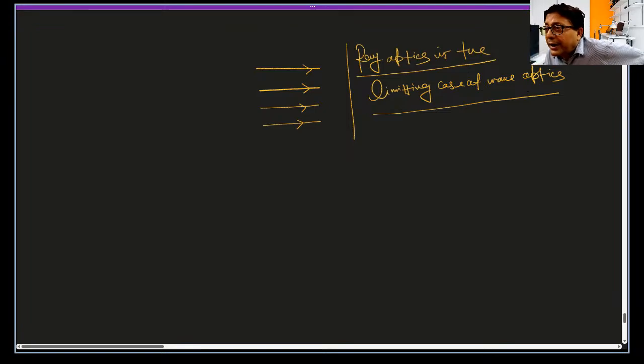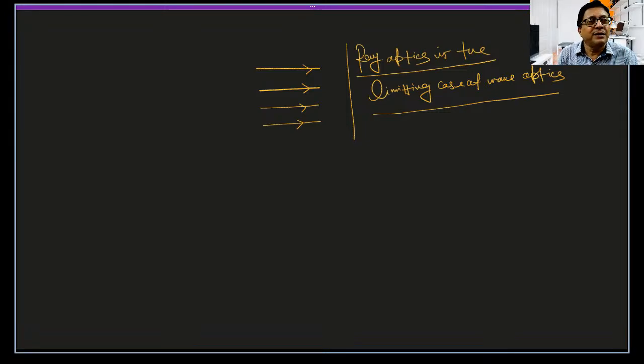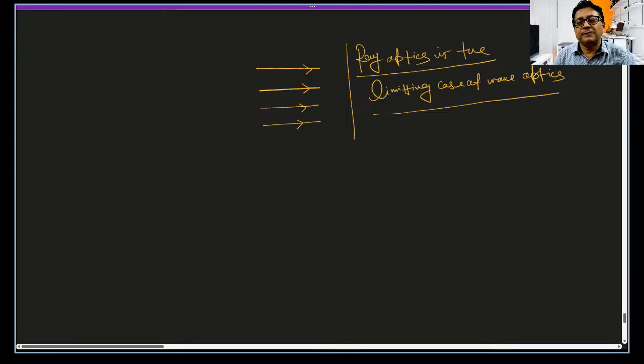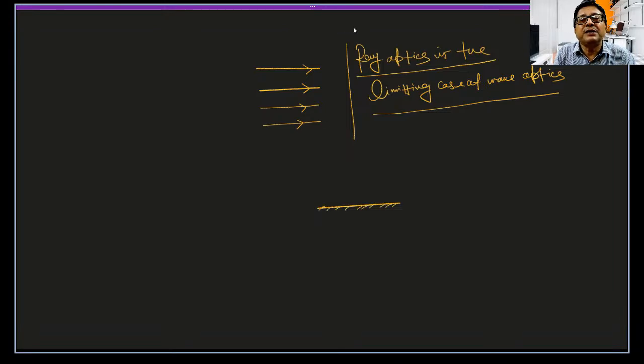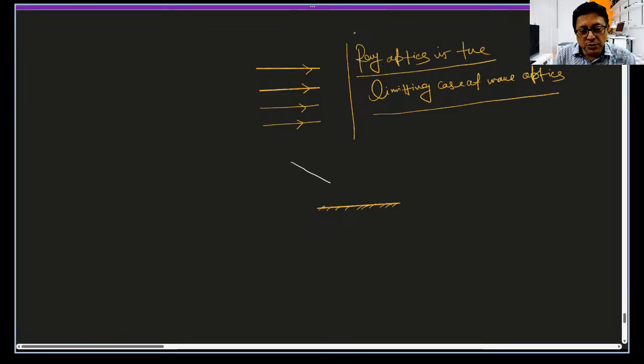Today let us know ray optics. What is ray optics? Ray optics is where light travels in the form of rays. Okay, a beam of rays is there. When there is a plane surface and light is incident, it gets reflected, and based on this there will be laws of reflection. Light is incident here, it gets reflected.